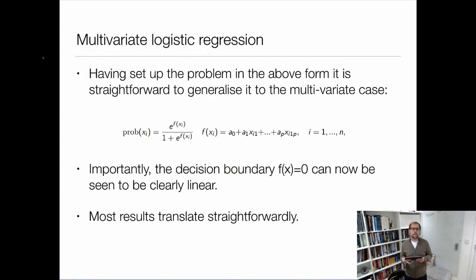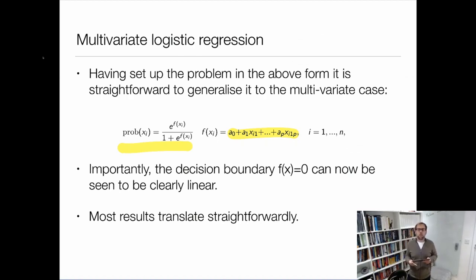Now, mathematically, the extension is rather straightforward. I write down the same relationship I had before. I model the probability as a sigmoid of the function f, where f now is a linear function of more than one predictor, in this case p predictors here.